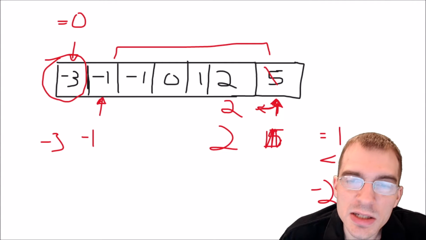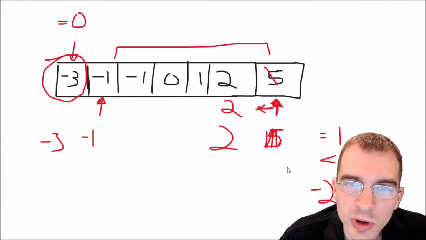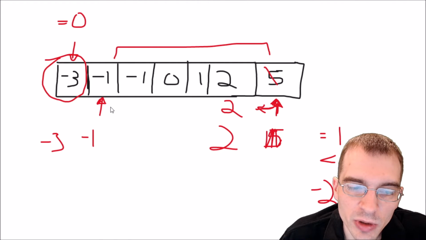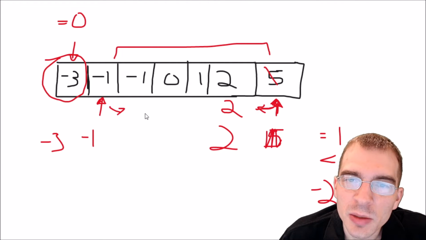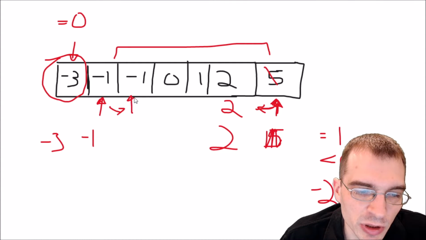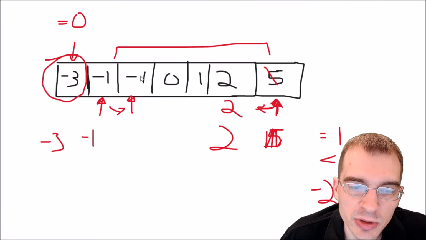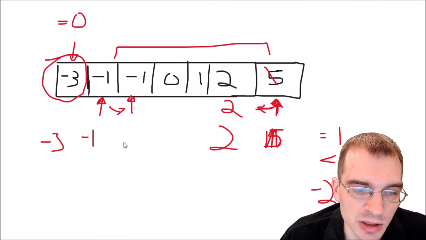So since the sum is less than 0 in this case, now we want to shift this pointer up 1, because we need to get something that's bigger. And so if we shift that up 1, well, that's -1 again, so we know that's not going to change anything because we already saw that. So we would shift it up again, and we'd have a 0 here.